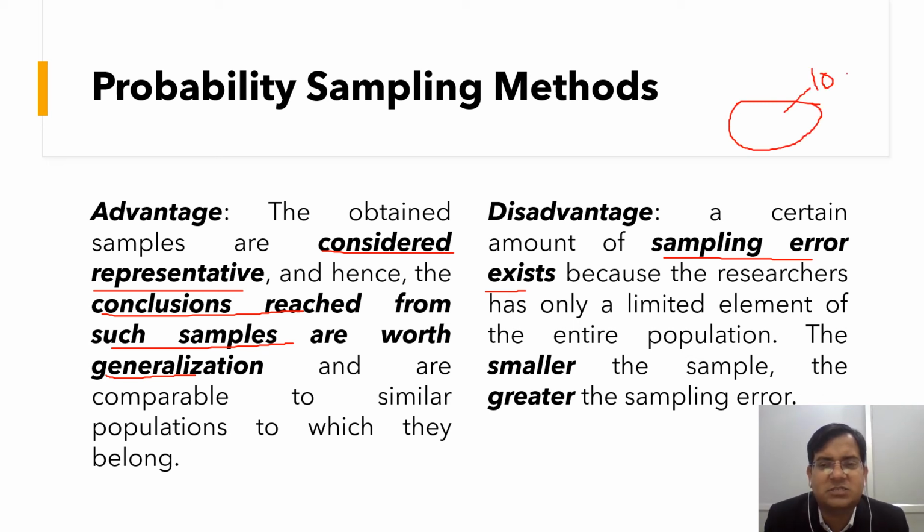So there is a chance of a certain amount of error. If we take 100% of our population, it is called the parameter. So there is a smaller amount of error, and the smaller the sample, the greater the sampling error. If we want to reduce our error, it is better to increase our sample size.